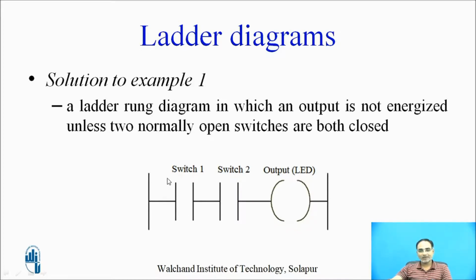But consider one more case in which both the switches are operated, energized. When both switches are energized, there is a path between these two power rails, and this LED will change its state. This output coil will change its state from off to on. So this is a simple ladder rung diagram for an AND operation in which two switches are connected in series with the output coil.